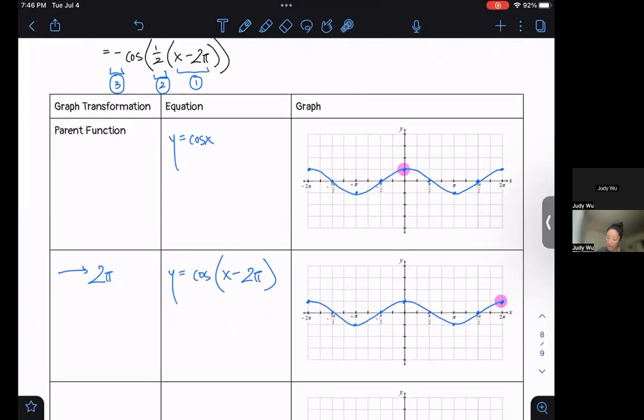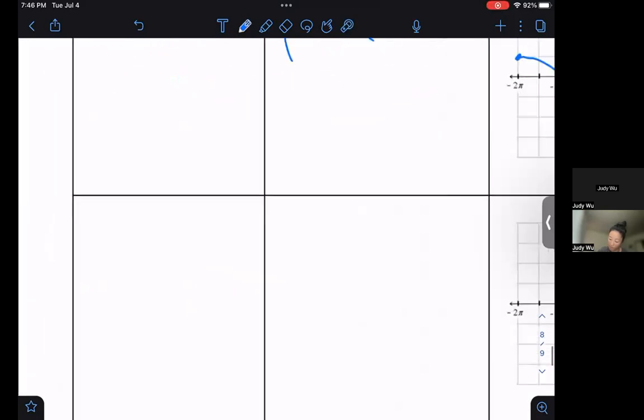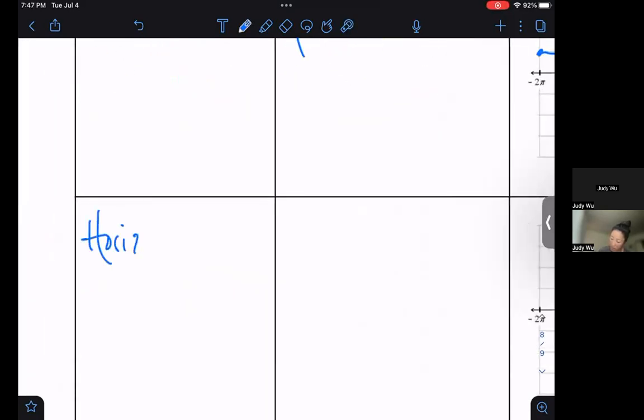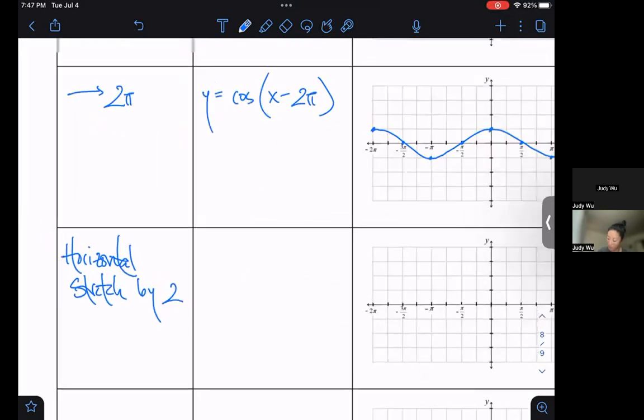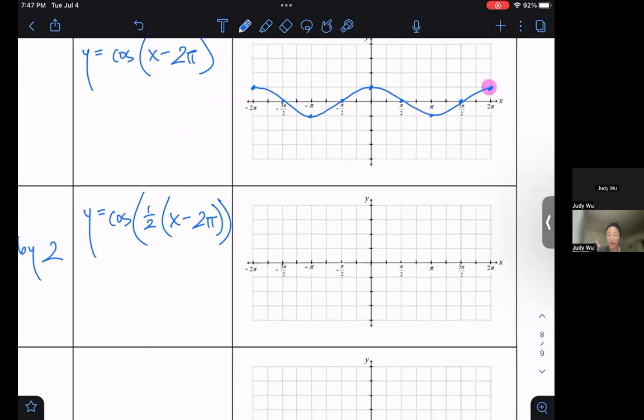All right, now this 1/2. That is a horizontal stretch by 2. So y equals cosine of 1/2 x minus 2 pi. Now I got to stretch around the center point. So center point stays. But now I'm going to pull things out twice as far.